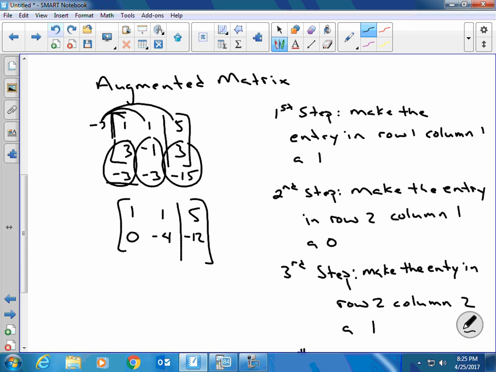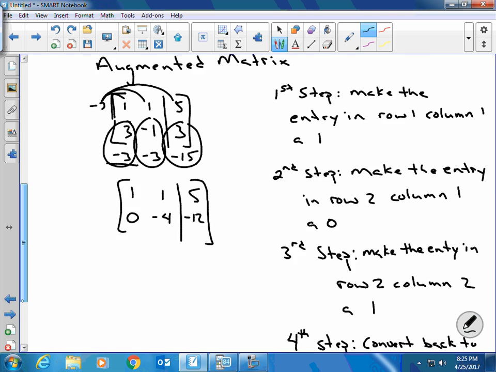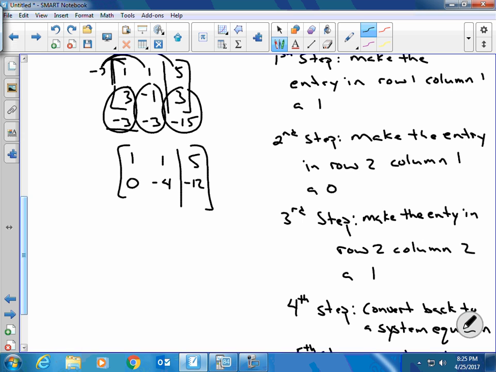Next step. To make the entry in row 2, column 2, a 1. So to make an entry 0, I add things together. To make an entry 1, I divide whatever needs to be 1 by itself. The -4 needs to be a 1. I divide that entire row by a -4.